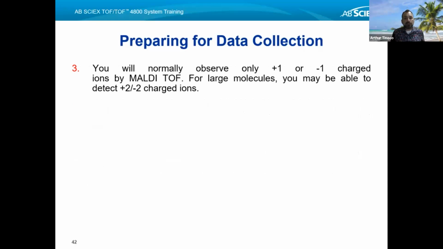Another really important thing to note is that when it comes to MALDI-TOF, you are typically going to see +1 or -1 ions when it comes to small molecules: +1 charge in positive ion mode, -1 charge in negative ion mode. But when you're working with large molecules, you're certainly going to see the +1 and the -1, but you may also be able to see +2 and -2 ions.